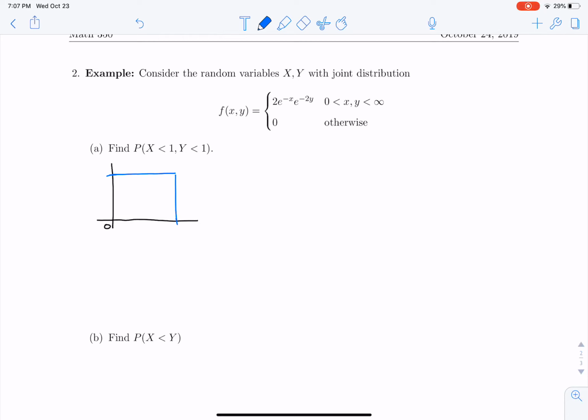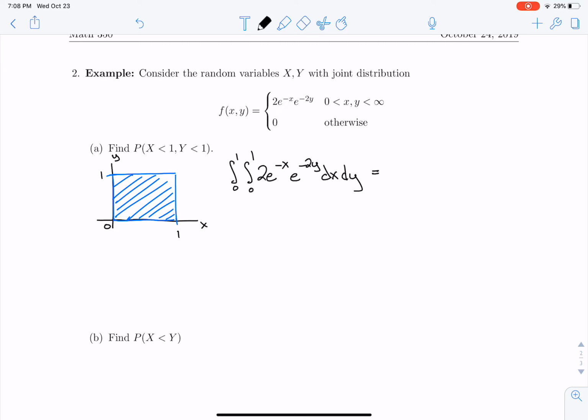X, of course, has to be bigger than or equal to 0. Y has to be bigger than or equal to 0. So we want to integrate over this square region. So we're going to do the double integral from 0 to 1, and again from 0 to 1, to describe the region in blue, of 2e to the minus x e to the minus 2y dx dy.